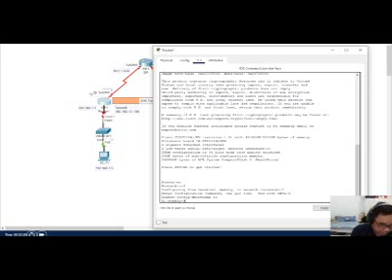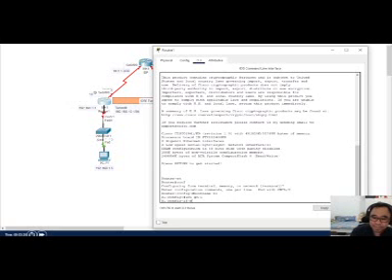Okay, so we go to the interface, which is G0/1. Let's put 192.168.1.1.